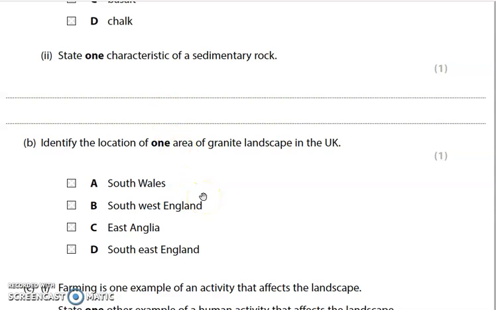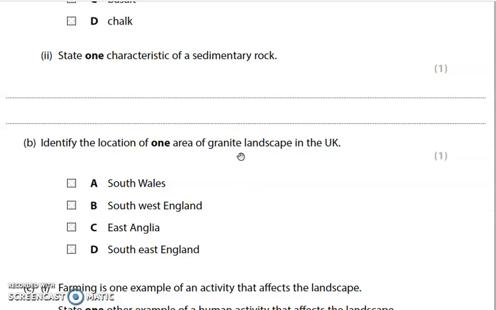Next up, we have another multiple choice question, again worth 1 mark. Identify the location of one area of granite landscape in the UK. Now again, it's multiple choice, it's only 1 minute, and you just have to say which of these areas, South Wales, South West England, East Anglia or South East England, are you more likely to find a granite landscape?